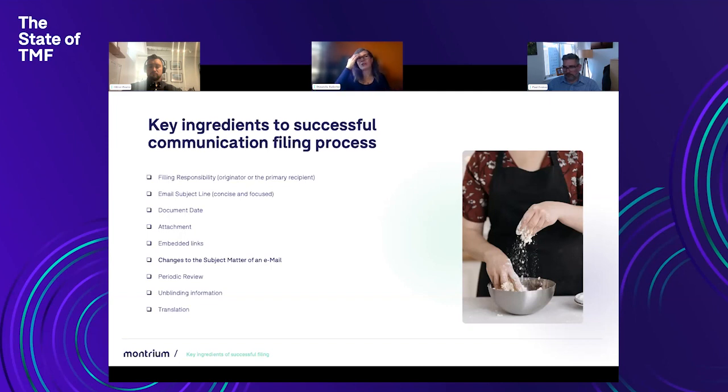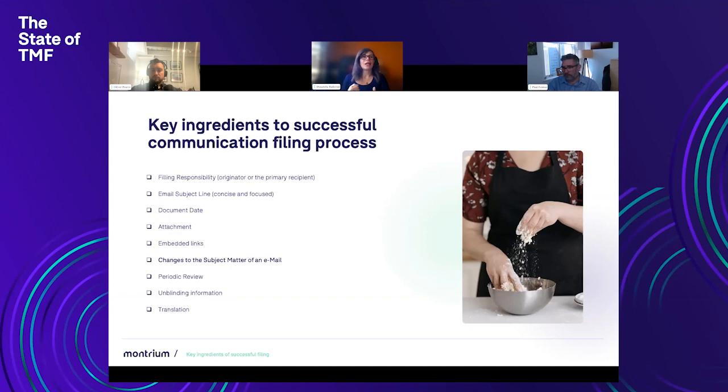Unblinding information, obviously, is a very critical aspect in the TMF for documentation, and especially for emails. So always think about having a process in place on how to manage unblinding documentation and unblinding information, especially in emails.